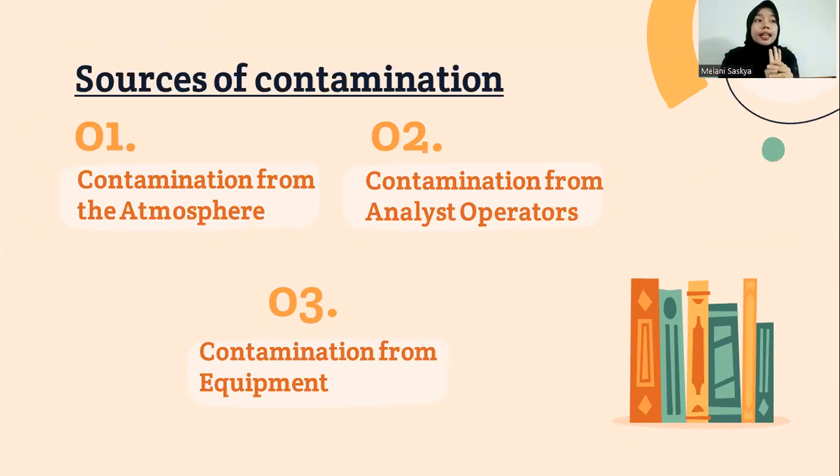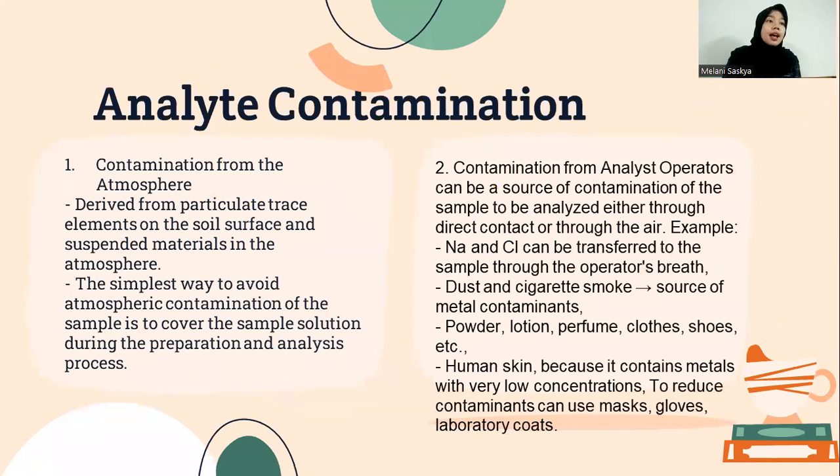There are three. The first is contamination from the atmosphere, contamination from the analyst or operator, and contamination from equipment. Contamination from the atmosphere is derived from particles, great elements of the soil surface, and suspended material in the atmosphere.